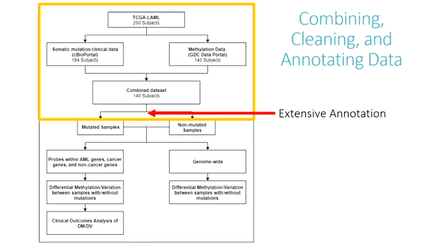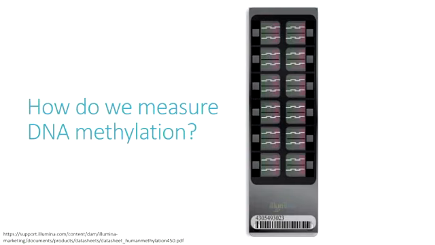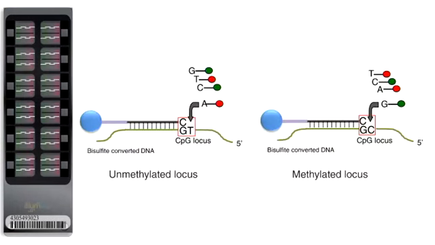So real quick, I want to talk about how we measure DNA methylation. This is a picture of the Illumina 450K methylation array, the chip for that. Within each of these 12 sample wells, there are over 450,000 probes.